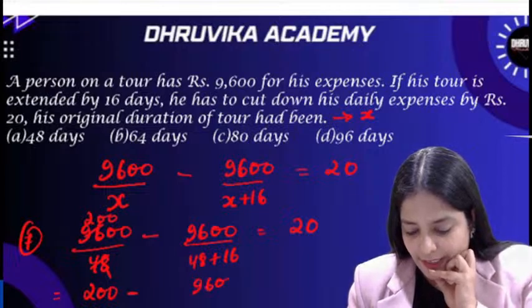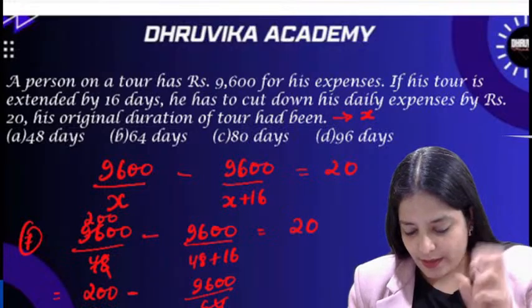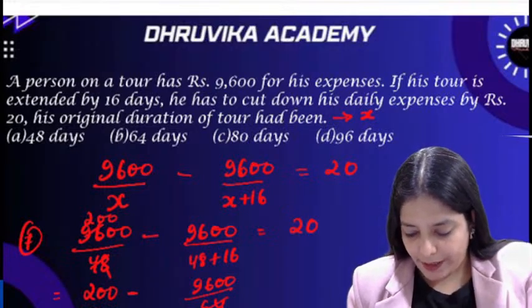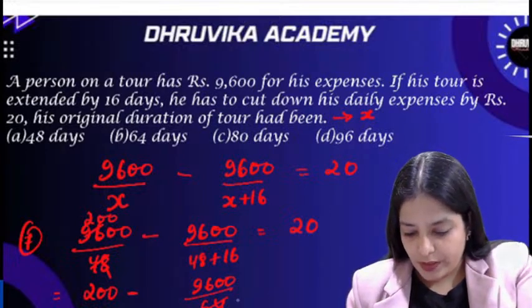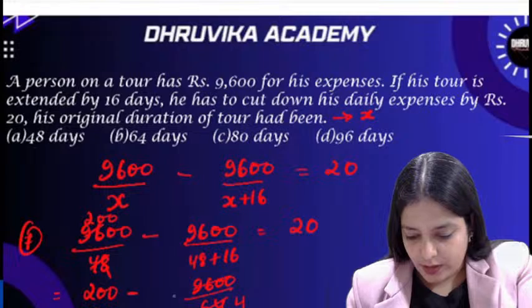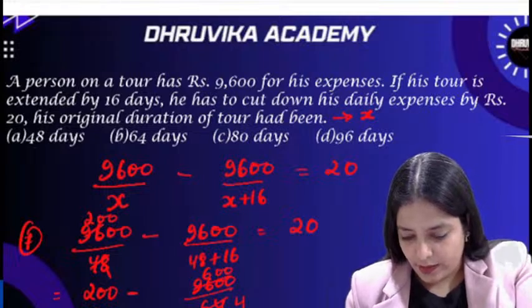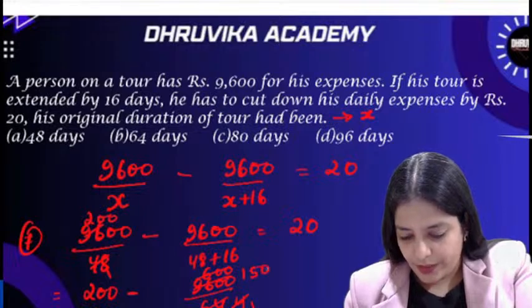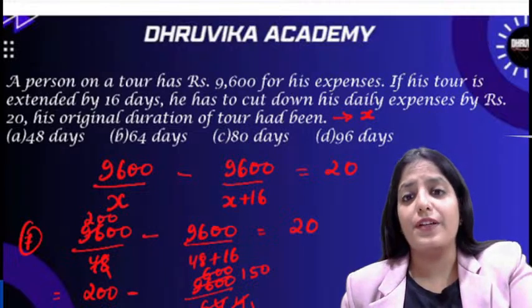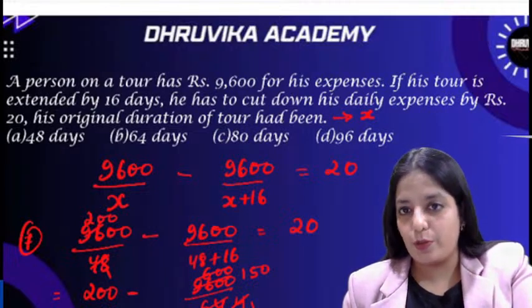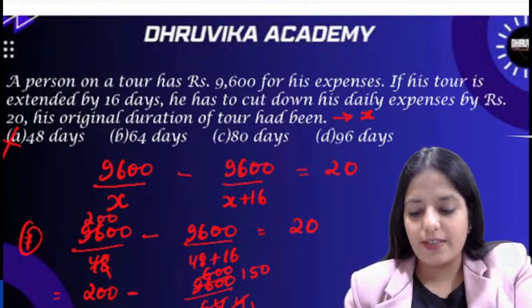So when you divide 9600 by 64, how much do you get? Let's make it simple by using the table of 16. We get 150, right? So 200 minus 150 is definitely not 20. So this option gets cancelled.